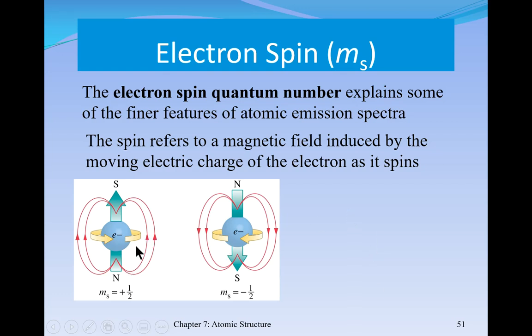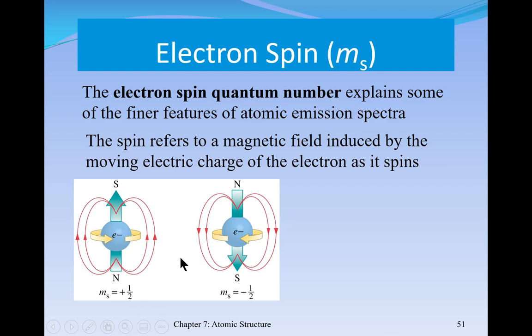Now it turns out that when electrons, or any charges, are moving, they generate a magnetic field. This is something that you learn if you did physics or if you're about to do physics. So in the case of the electron spinning in this direction, it generates a magnetic field going from north to south like this. If the electron is spinning in the opposite direction, then the generated magnetic field will go from north to south going down, right?